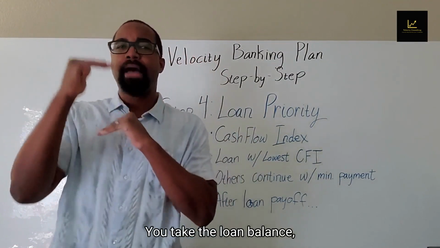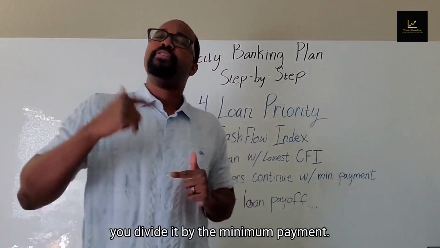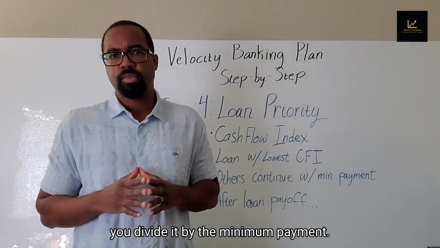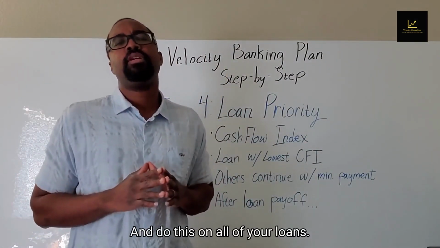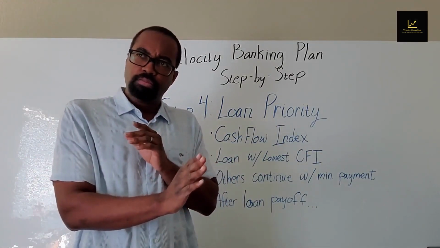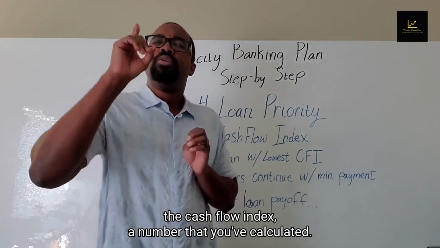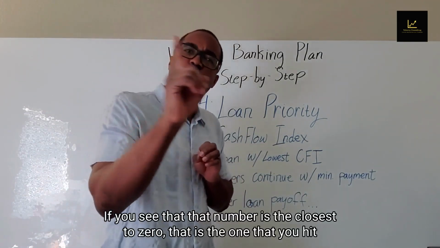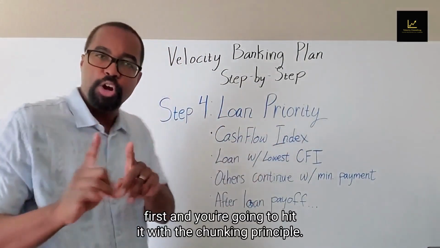You take the loan balance, you divide it by the minimum payment, and do this on all of your loans. The loan whose cash flow index number is closest to zero is the one that you hit first.